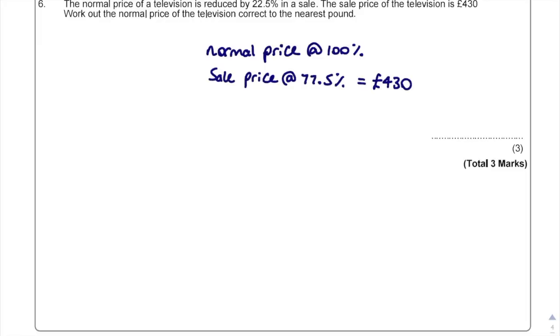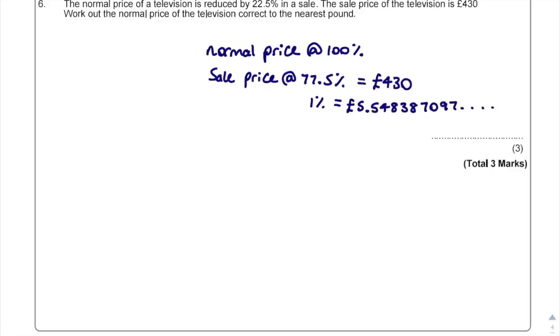So what we can do is we can work out 1%. So 1% is going to be 430 divided by 77.5. So we get 5.54838797.